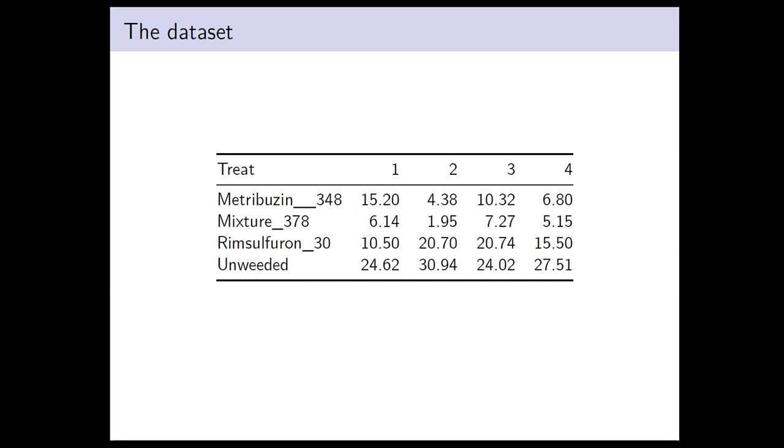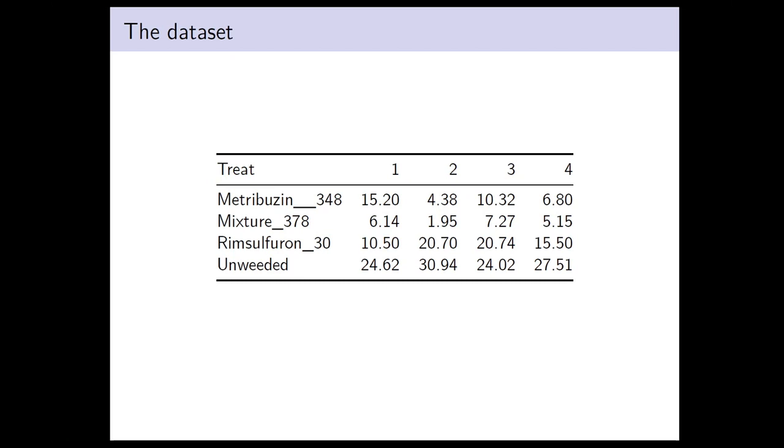So you see the table is really very similar to the table we were dealing with yesterday in our exercise. We have 4 treatments. In this case, we have 2 herbicides, rimsulfuron and metribuzin. They are used alone and they are also used in mixture. We wanted to see whether the mixture was more effective than the herbicides used alone.